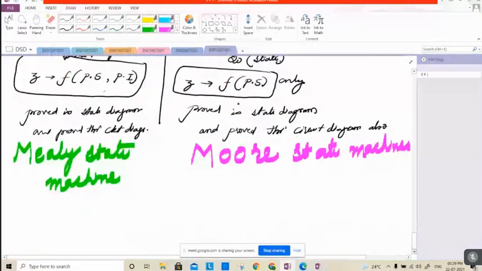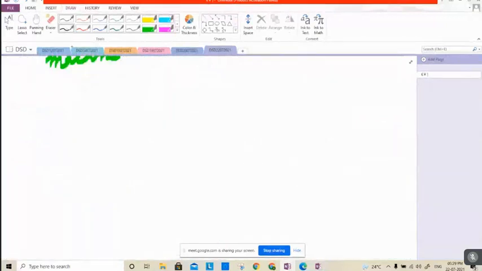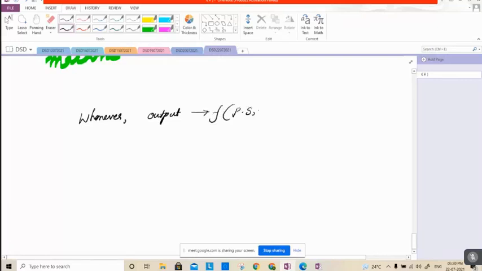So just one particular definition. I told this, whenever the output, maybe Z or Y or anything, is a function of the present state and the present input, then such circuits are called Mealy state machines.